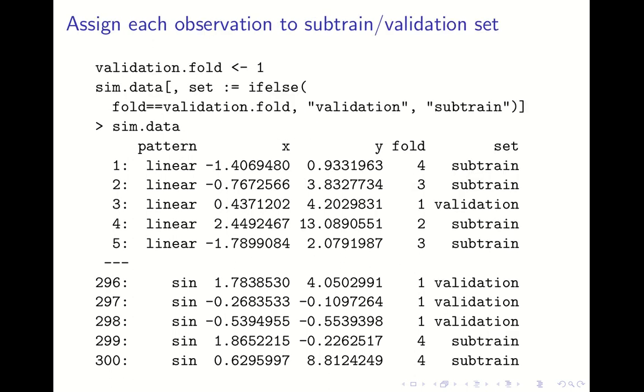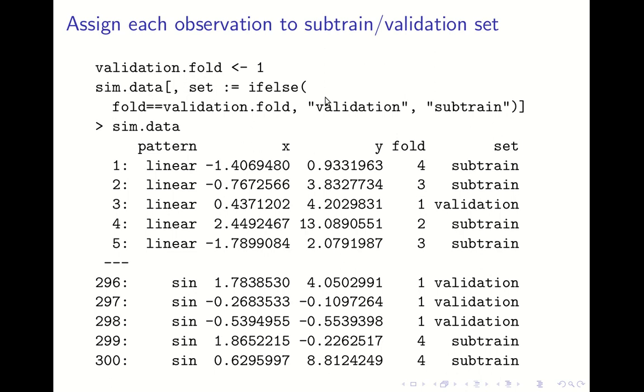To create that figure where we have the subtrain validation split, I just assume that we have the validation fold equal to 1, and then we assign a new column to the data table. There's a special syntax for that: here we have this sim.data data table, and we use a square bracket, colon, then the new column name, colon equals syntax, and then the new column value.